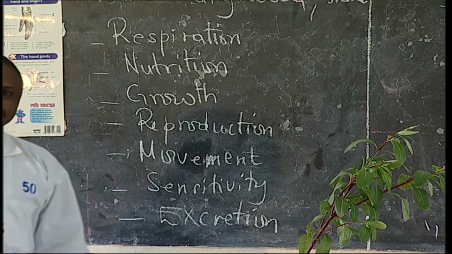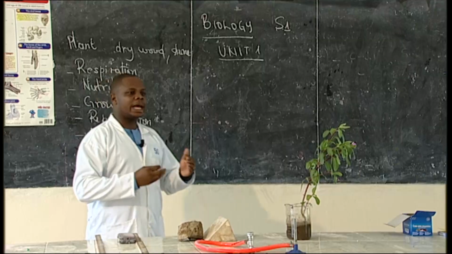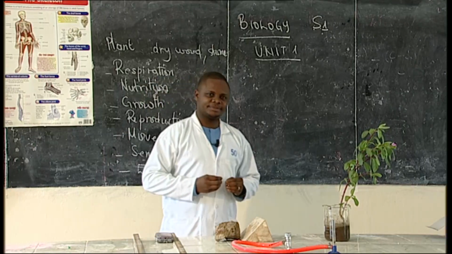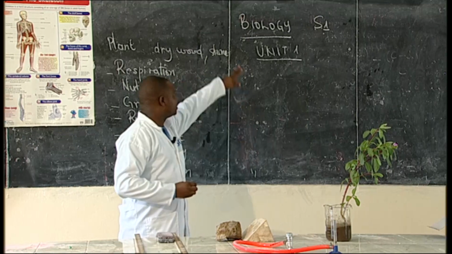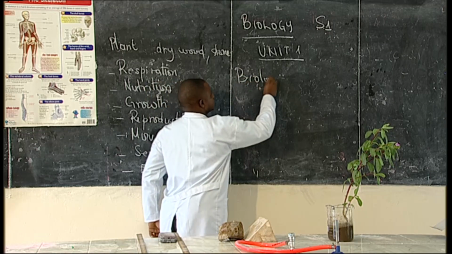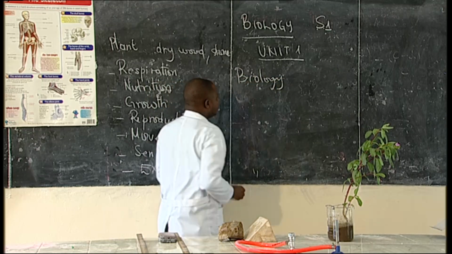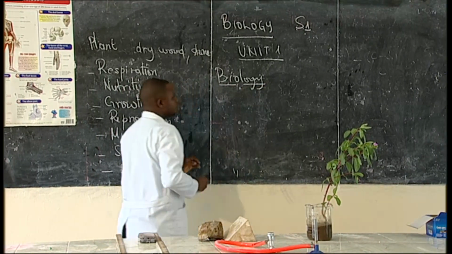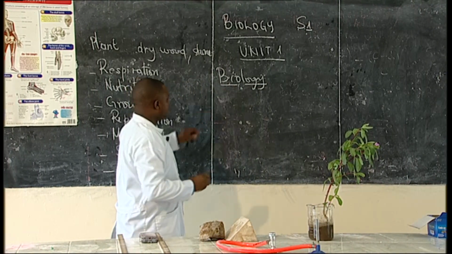And in most cases, we talk about plants and animals in which subject? Biology. Very good. When you see this term biology, it is divided into 2. There is bio.